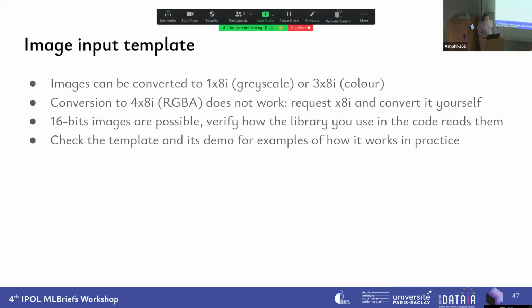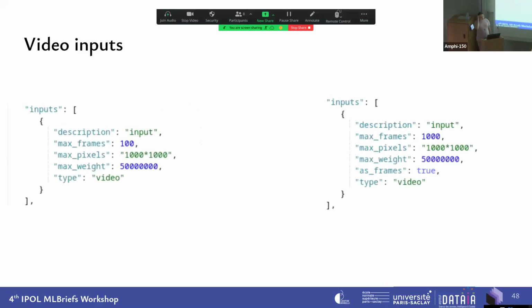So this is for image inputs. Now you may need to use video inputs. So you can write it here. The input can be a video. You specify type as video. The maximum weight, I think in bytes.